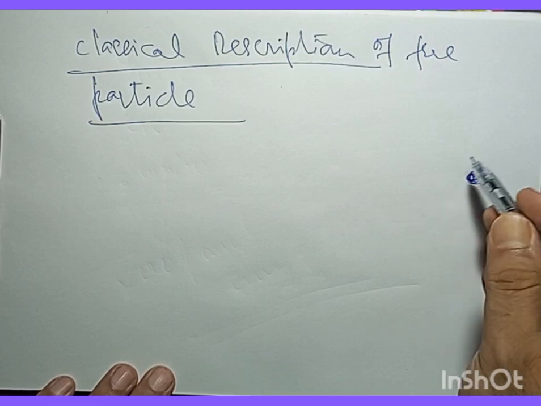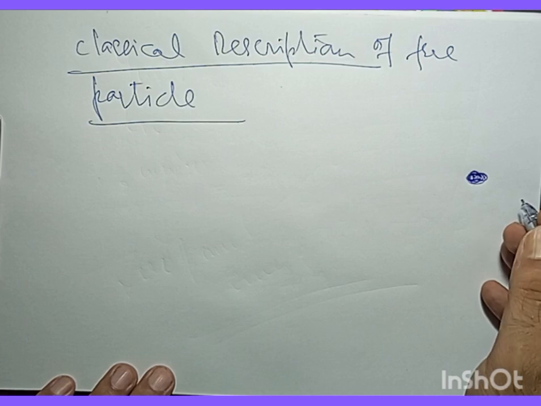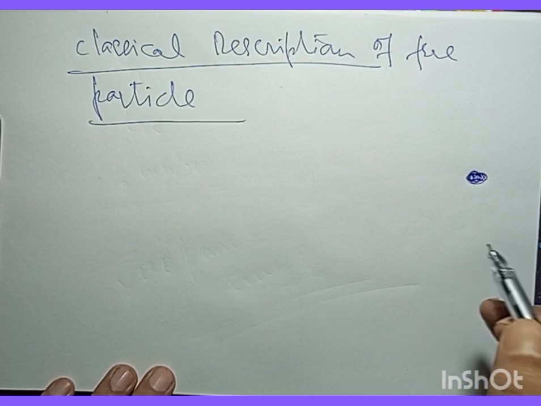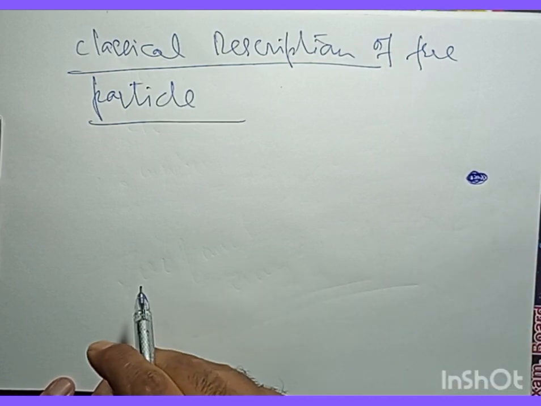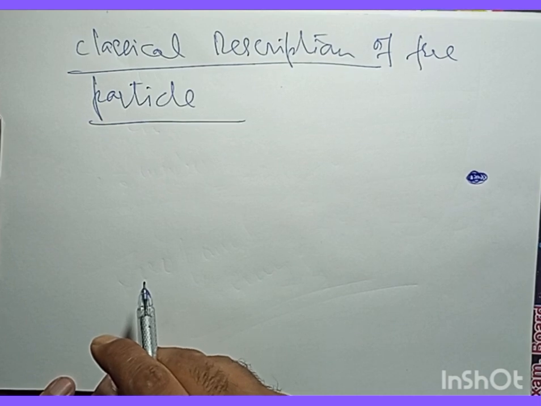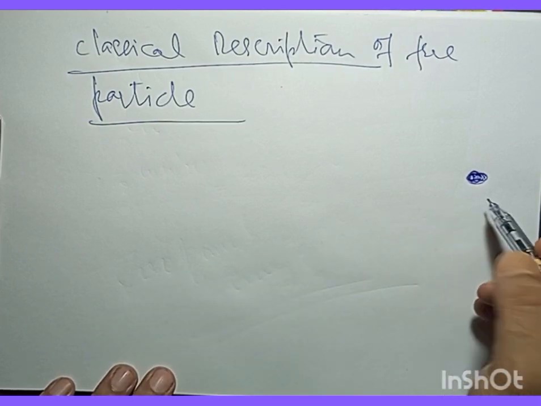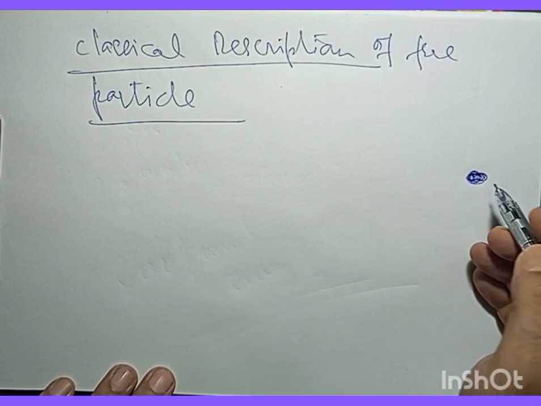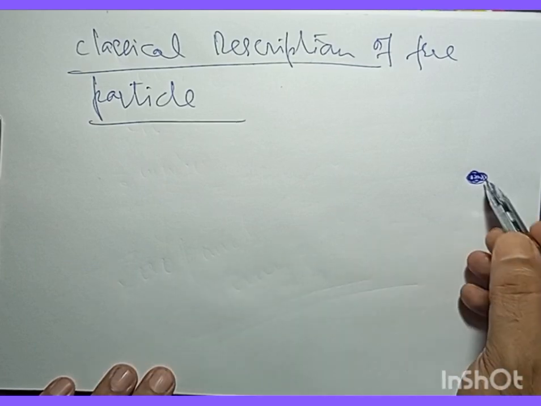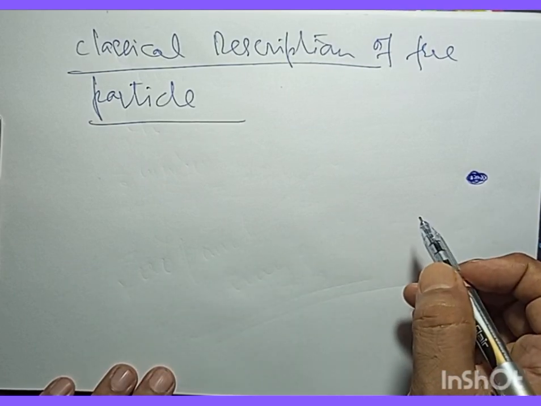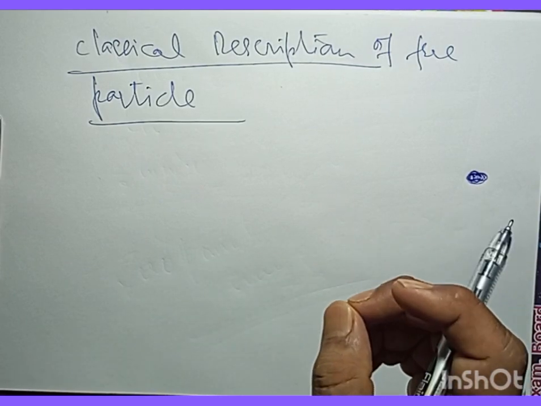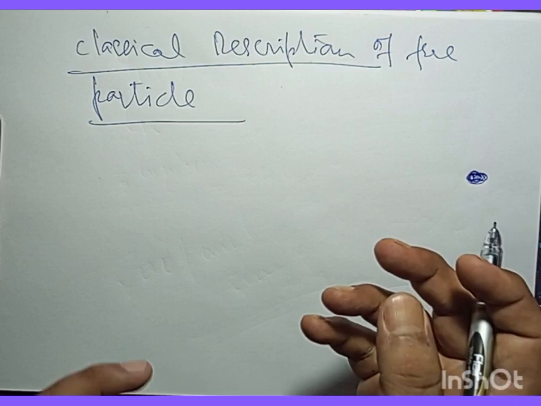It does not interact with anything or any other forces. The classical treatment of a free particle is a fundamental concept that helps us illustrate some key principles of mechanics. So let's go through some basic descriptions of the classical particle.